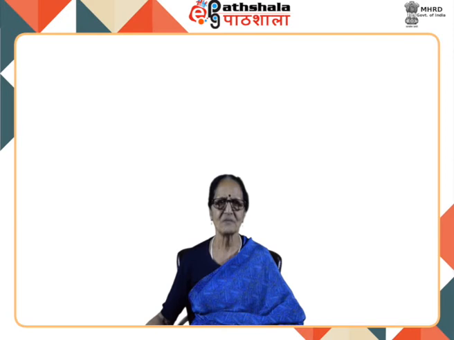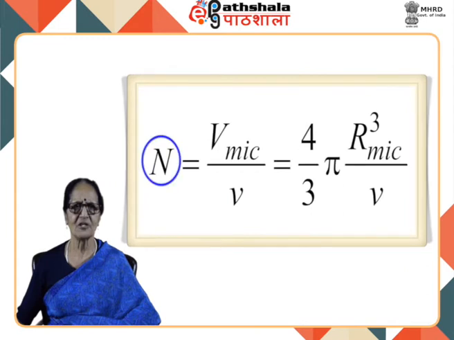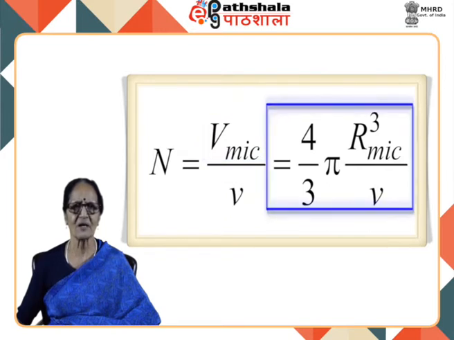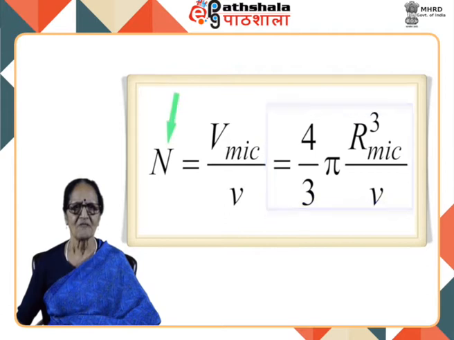In its simplest form, a single equilibrium constant is used to treat the process represented by the following expression: N is equal to V micelle divided by v, which is equal to 4 by 3 pi R cube micelle upon v, where capital N is the aggregation number, which can be expressed as the ratio between the micellar core volume V micelle and the volume small v, which corresponds to the volume of the hydrophobic group in the micellar core, that is volume of one chain, where R micelle is the radius of micelle.